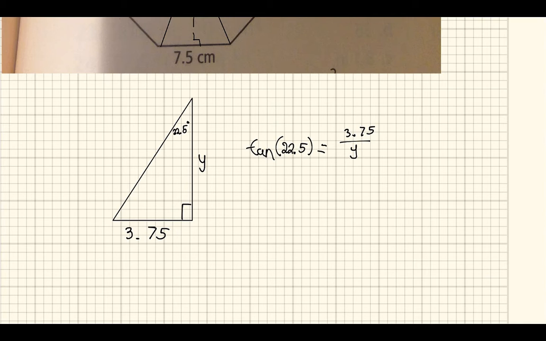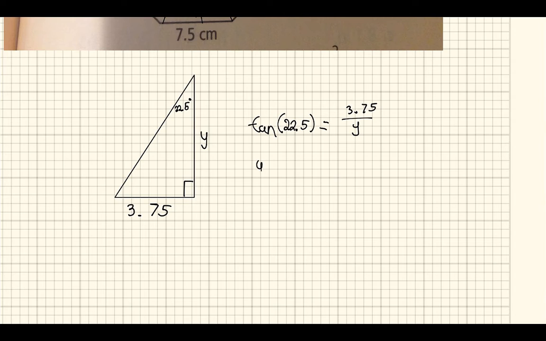Multiply both sides by y, so we have y times the tan of 22.5 equals 3.75, and then divide both sides by the tan of 22.5. So y will equal 3.75 divided by the tan of 22.5.